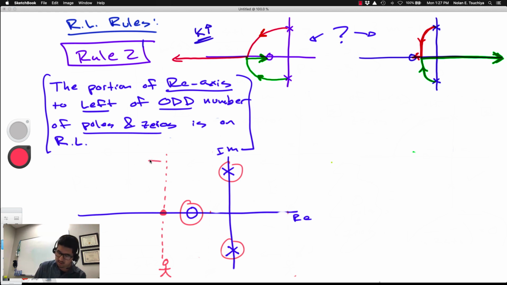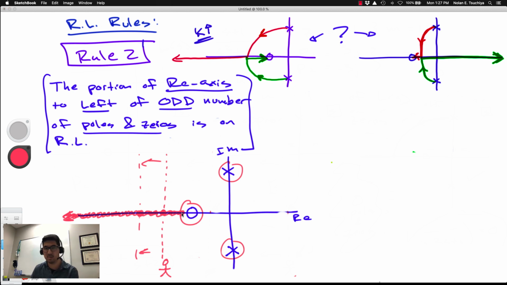The same logic applies if I move incrementally over, and essentially anywhere to the left of this 0, all this part of the real axis forever in this direction should be part of the root locus.